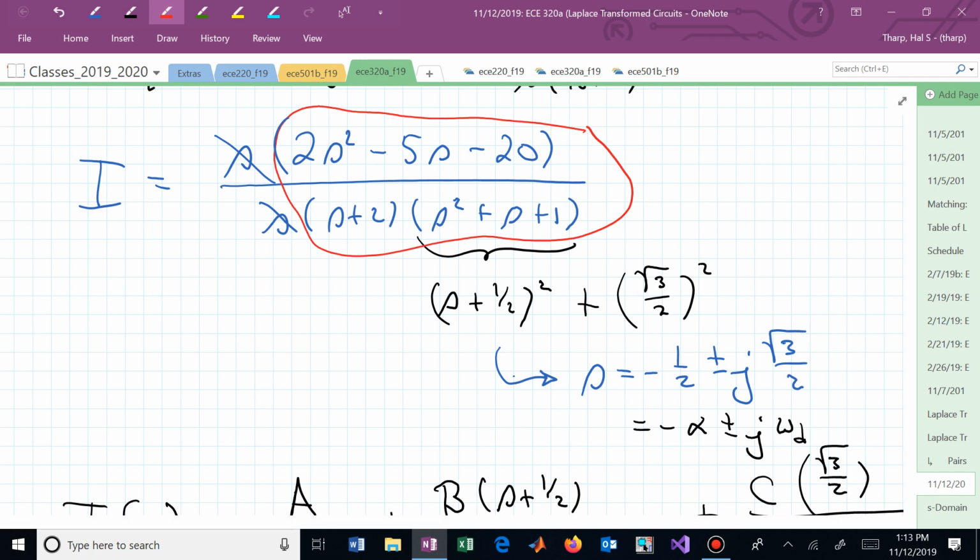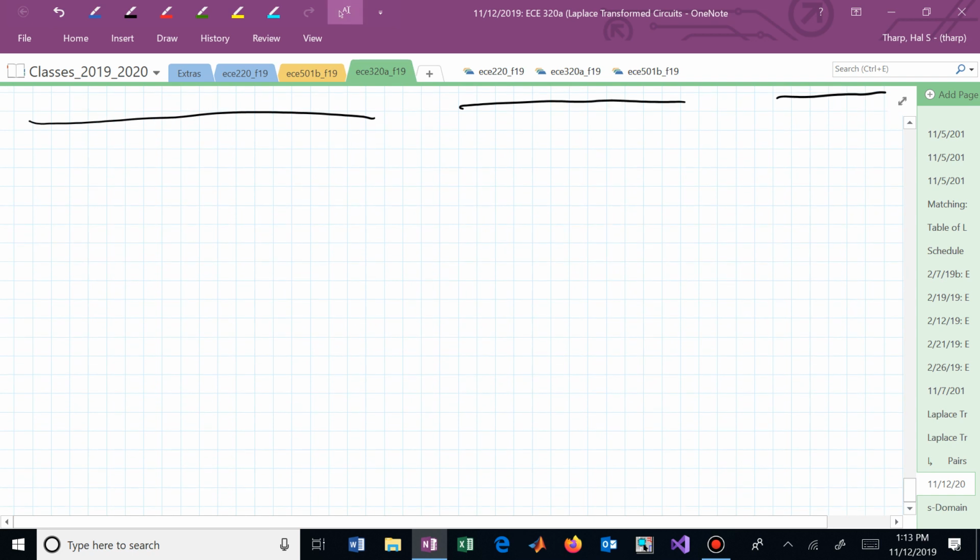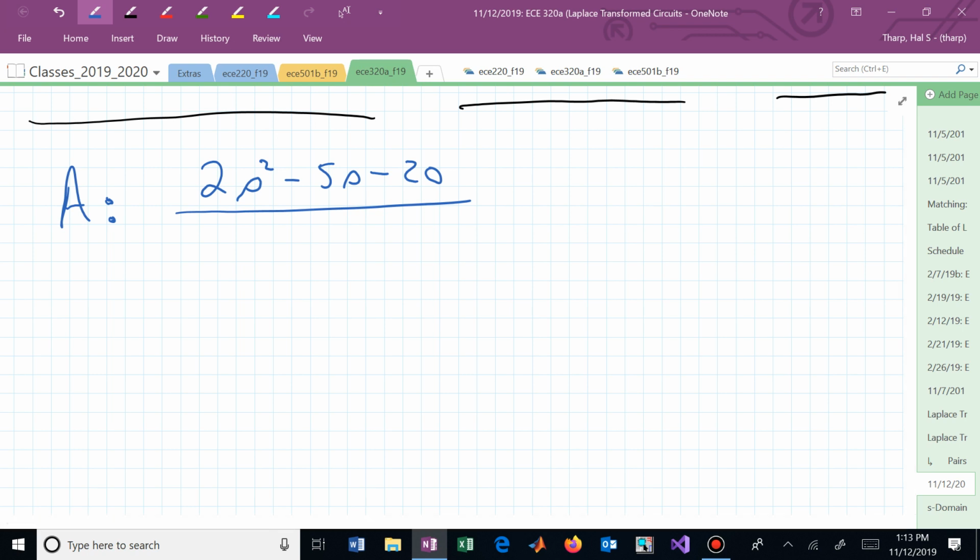And then solve for A, B, and C. A is now going to be the left-hand side, let's say, which was 2s squared minus 5s minus 20 over, I've now multiplied through by the factor underneath A, which was s plus 2. That's now gone from the denominator of all the terms, and I'm evaluating at the value of s that causes that factor to vanish, which is s equal minus 2.